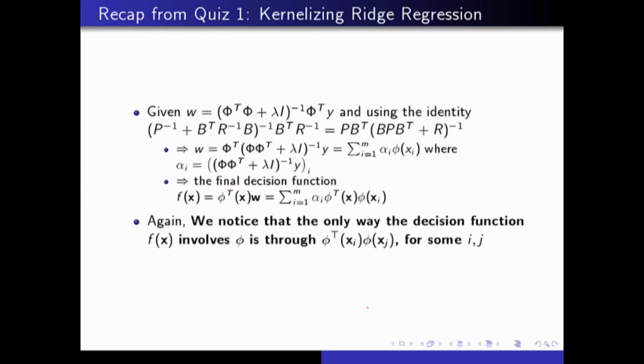So you can recap that we had something very similar from ridge regression. When we kernelized ridge regression, we had the decision function purely in terms of the dot products. Of course, we had a closed form expression for all alphas. This privilege we won't enjoy for support vector regression.